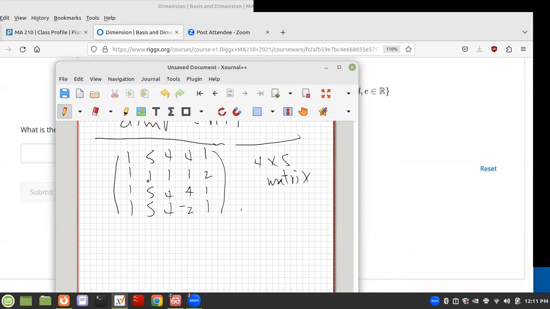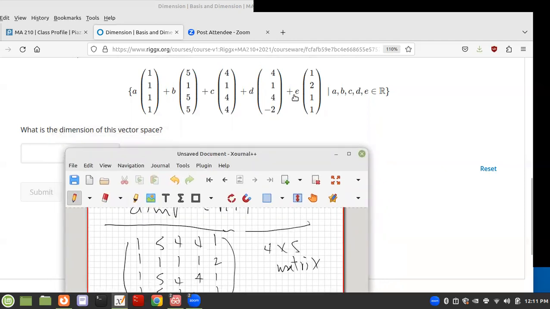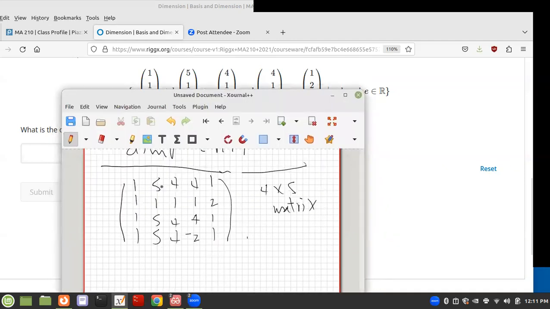If I bring it to echelon form, then the number of non-zero rows will be the rank, and that will be the dimension of this space, because the dimension of the space is the column rank of this matrix, which is the same as the row rank. So I can just put this into echelon form, and the number of non-zero rows will be the dimension of this space.